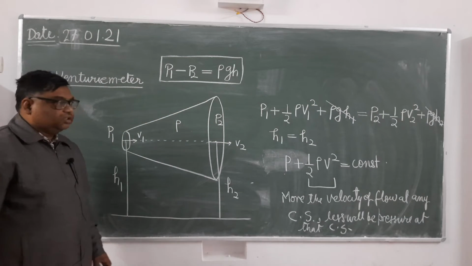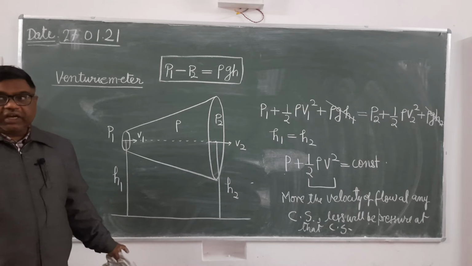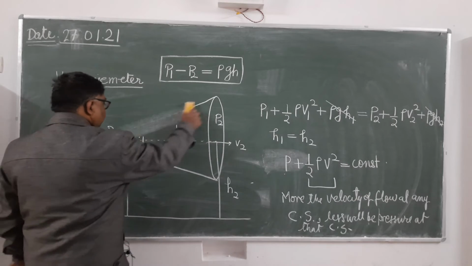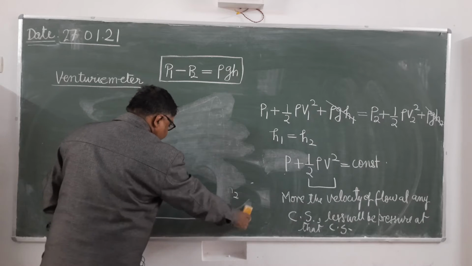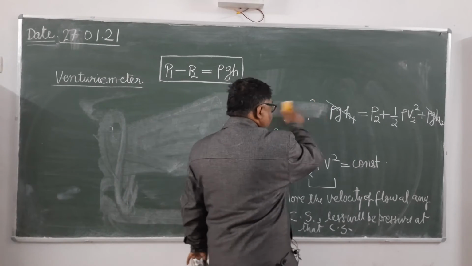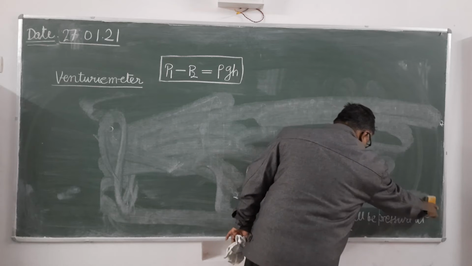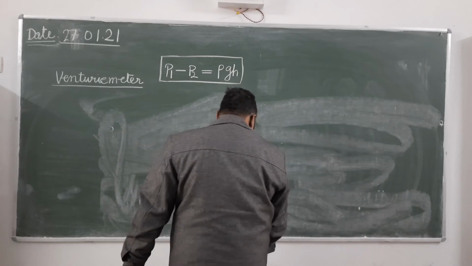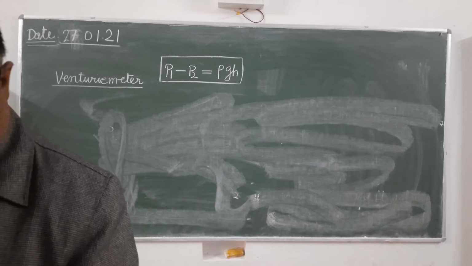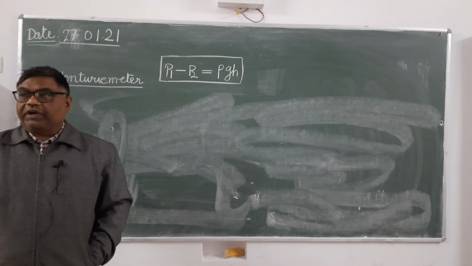Venturi meter is one device which is based on the Bernoulli's theorem, and with the help of Venturi meter we can determine the rate of flow of liquid at some depth.